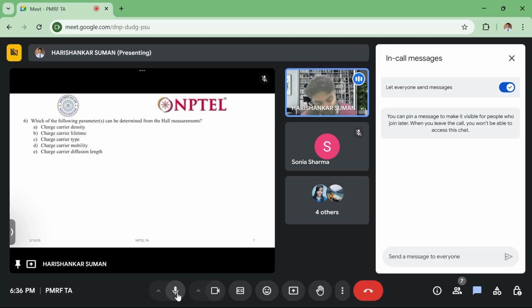Which of the following parameters can be determined from the Hall measurement? And also, which cannot? Please think about this question.